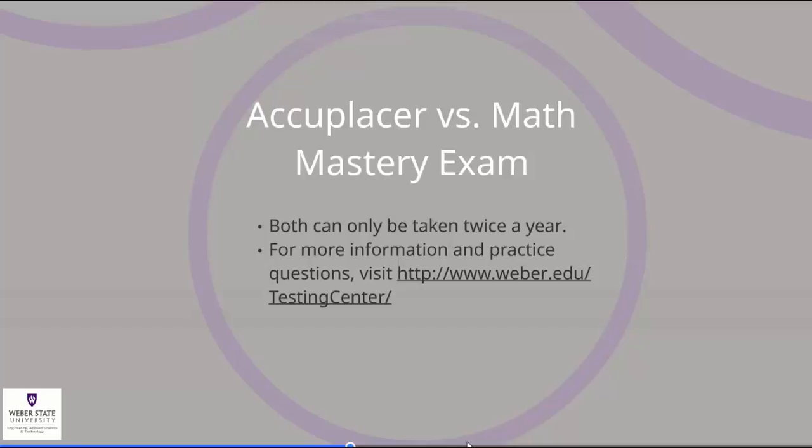For instance, if you place into Math 990 and were close to the score needed to place into Math 1010, you may want to reconsider taking the AccuPlacer to see if you can place into Math 1010.